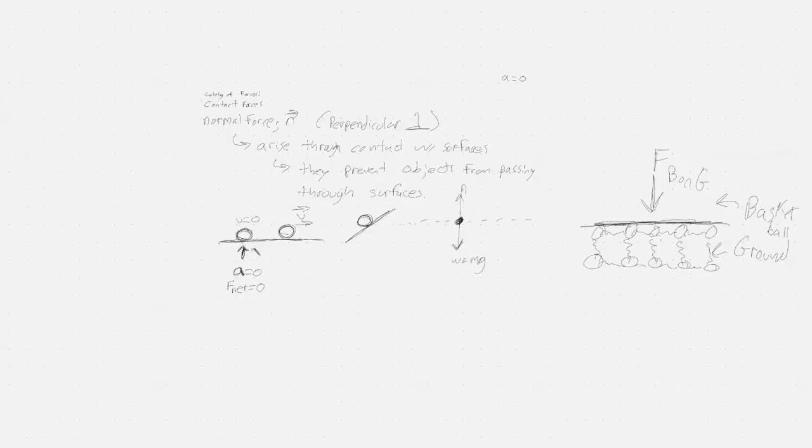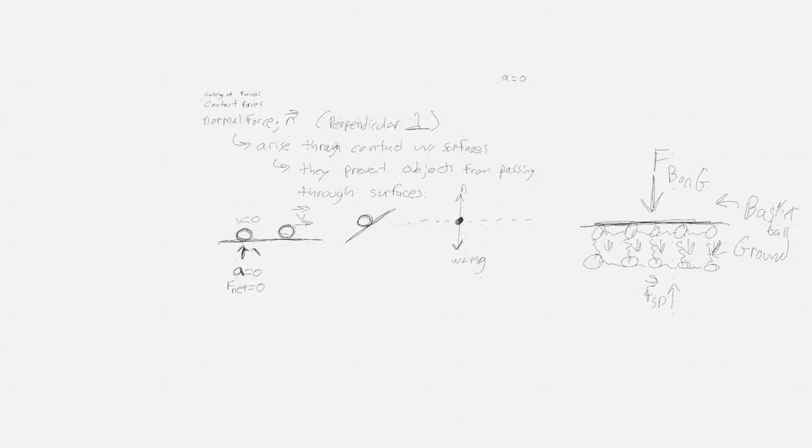And what we've already seen for the spring force is when you deform a spring, each of these little springs would create a spring force that points up in response to the deformation. The normal force is nothing more than the combination of all of those little tiny spring forces between all of the atoms when you try to compress them by applying a force perpendicular to a surface.